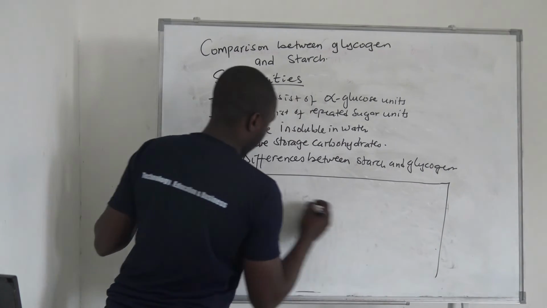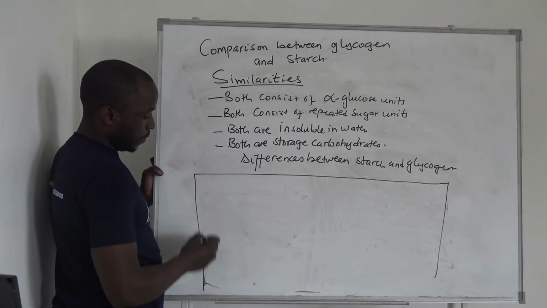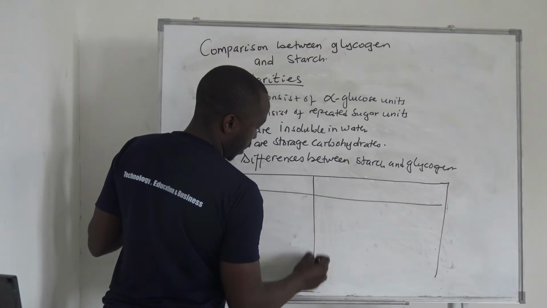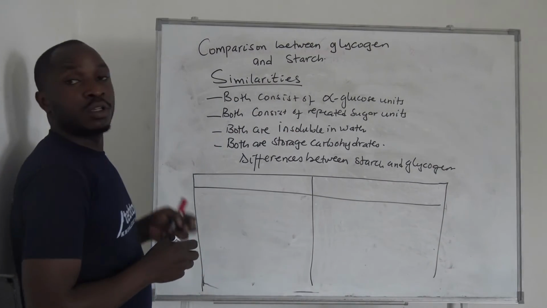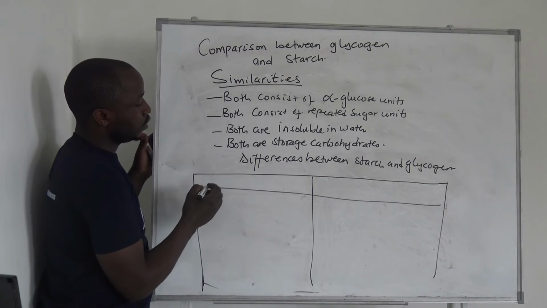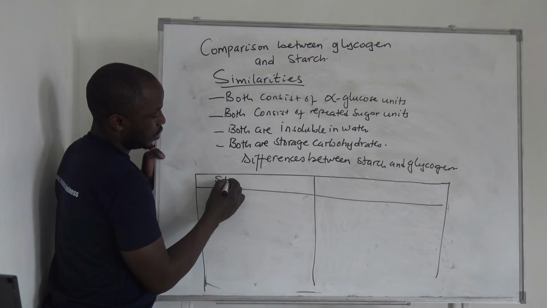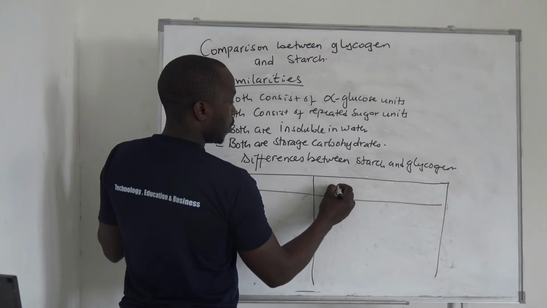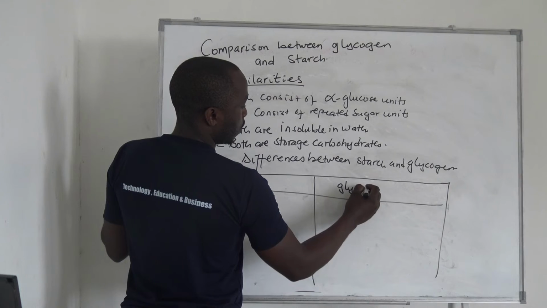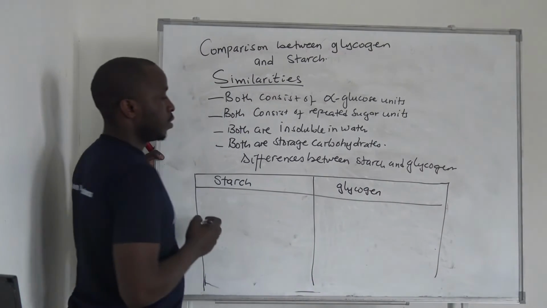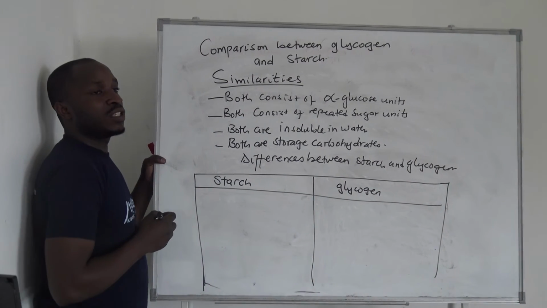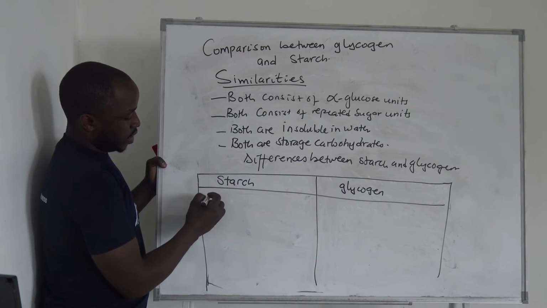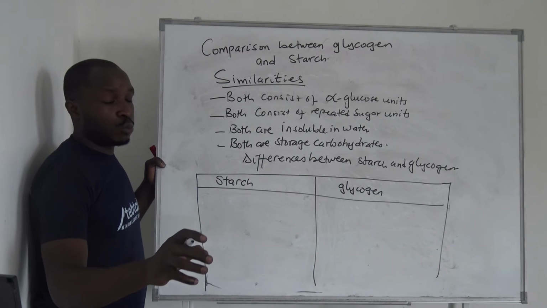There are very many methods of representing the differences, but majorly in the table it looks better. So starch compared to glycogen. What would be our first difference? The first difference would be in the kind of bonding that is present.